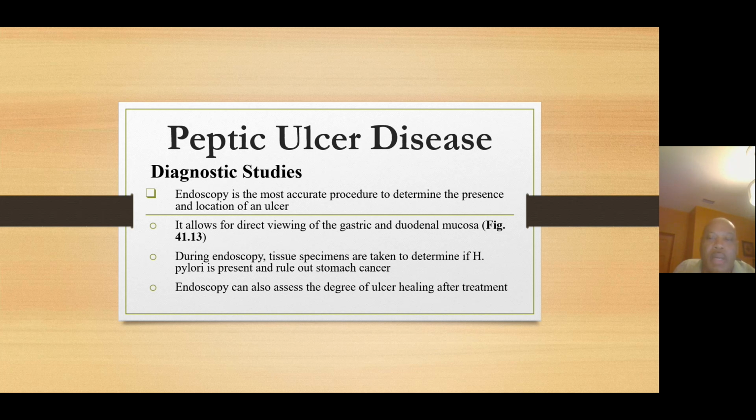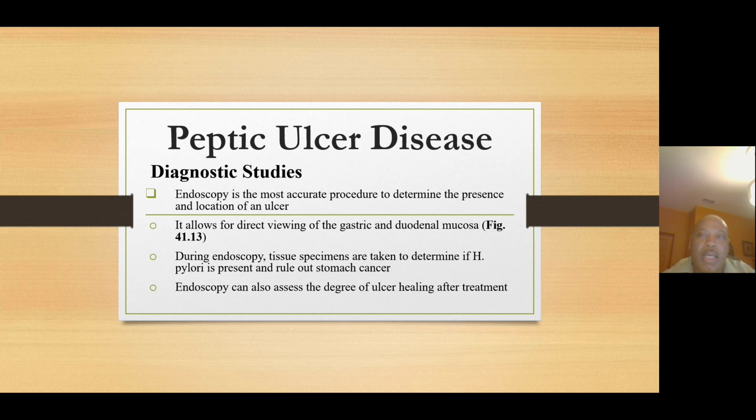All right, so let's talk about some of the diagnostic studies. This is still a part of the assessment. Remember, we talked about the pathophysiology of peptic ulcer disease, and then some of the etiology, and we talked about the assessment as far as the things that you will see in these patients, the things that make one more distinct versus the other.